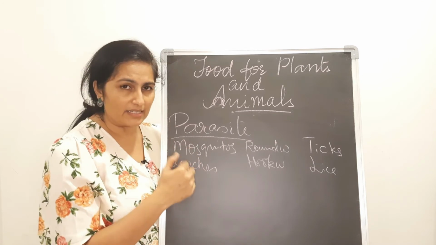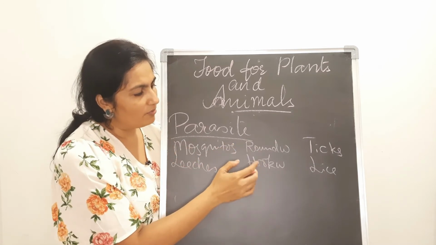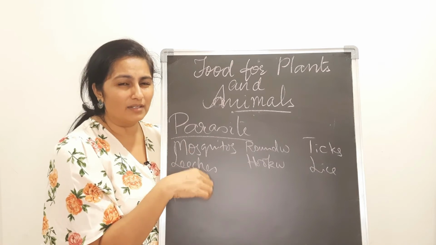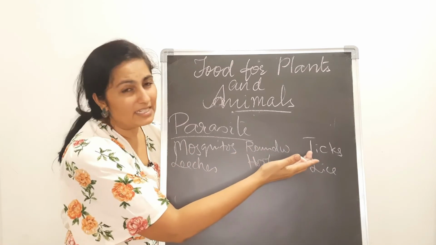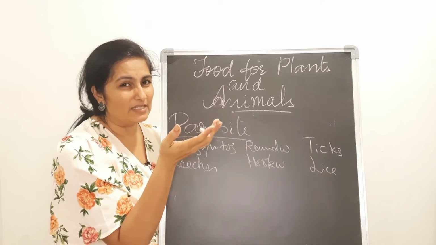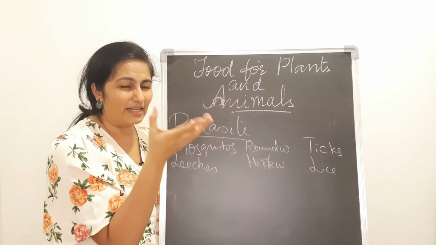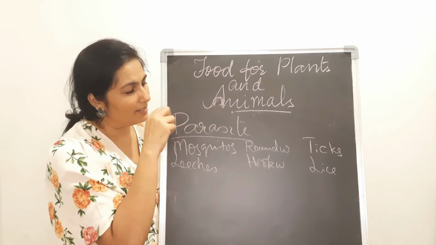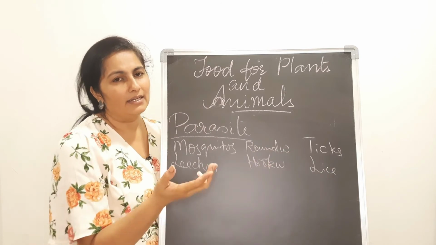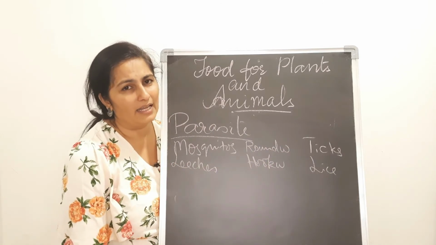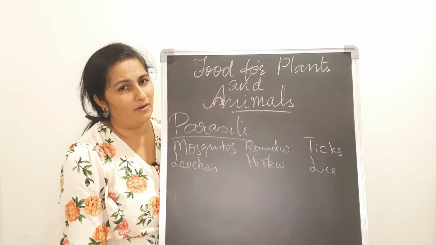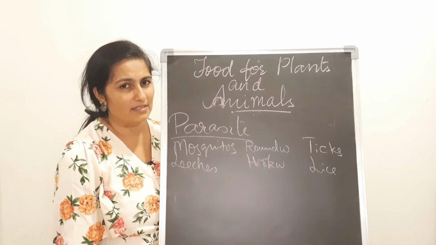Both these suck blood. Roundworm and hookworm are found in the animal, especially in the meat. Ticks are found on the animals. You must have seen many dogs, cats, buffaloes and cows have ticks. And then the lice. Lice are found in humans and in other animals, and they all come under the category of parasites.